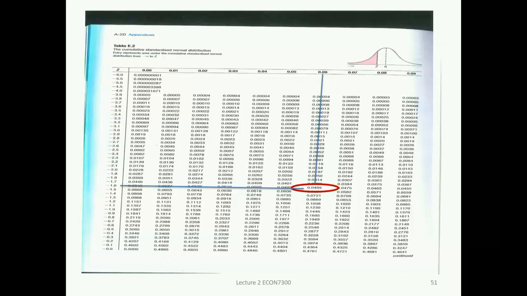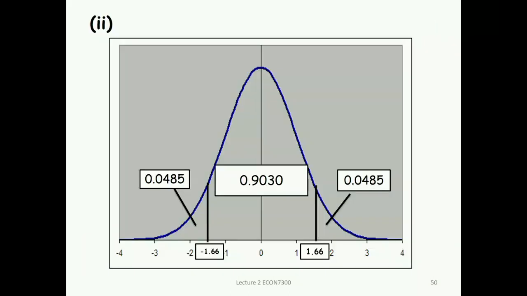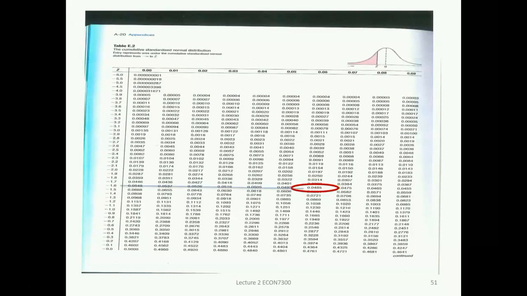So I found minus 1.66. What is the other way if you want to find the positive one? You could check for the probability 0.9515, that is 0.9030 plus 0.04 in the table. But this is the easiest, I think. So this is how you read minus 1.66.